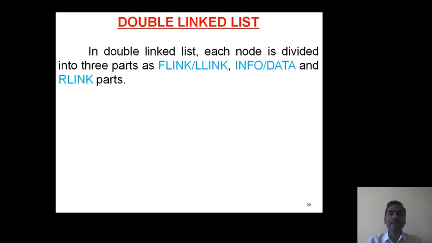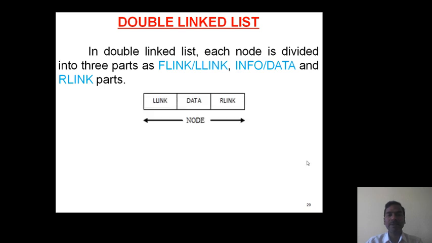In a double linked list, every node is divided into three parts: L-link (also referred to as F-link), info or data, and R-link. So here three parts are available: L-link, data and R-link.